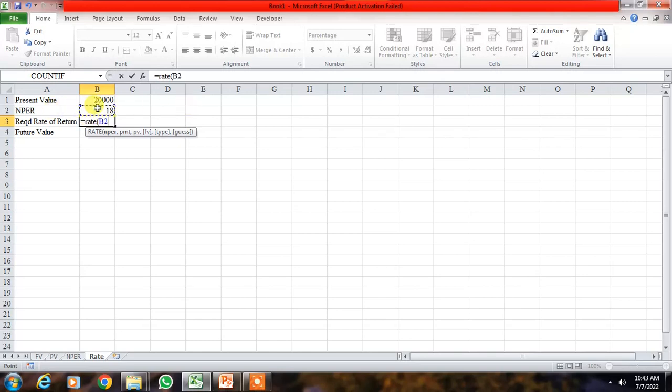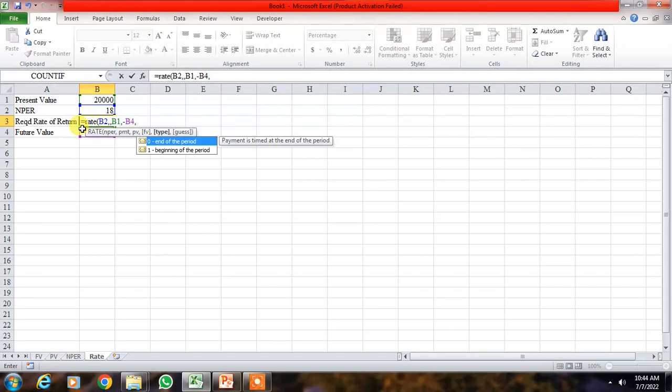It is asking for the number of periods in a year, and then two times I'm clicking a comma, and it is asking for a present value, and then again comma, and then the future value, and then comma, and again they are asking whether you will invest at the end of the year or at the beginning of the year.